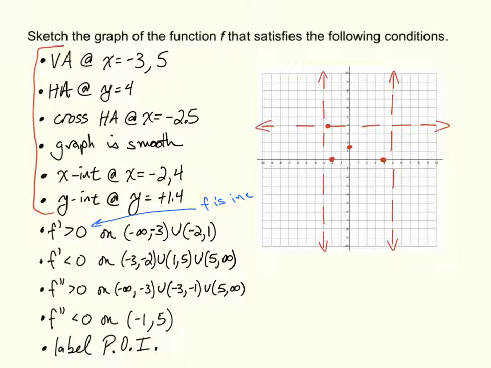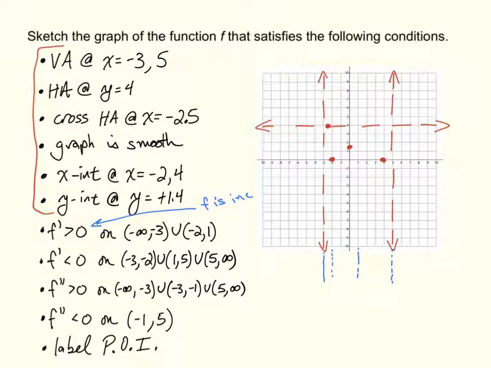So over here on the graph at the bottom, I'm going to section this off at negative 3. So I'm going to put a little line like this. I'm also going to section it off at negative 2 because that is one of our interval breakers over here. And I need to also section this bottom portion off at positive 1 and positive 5.